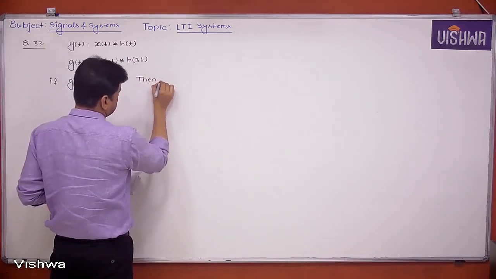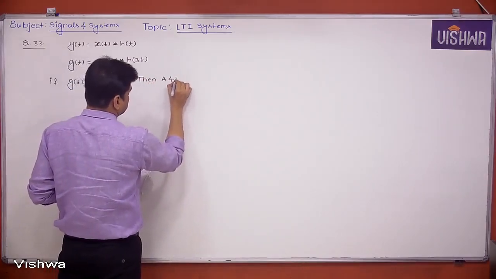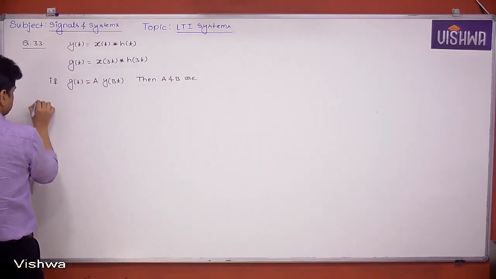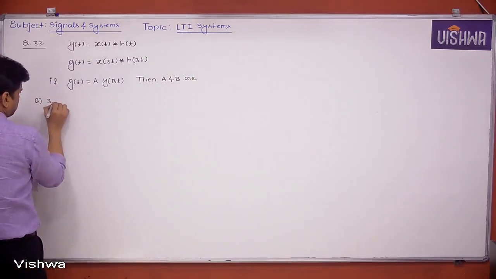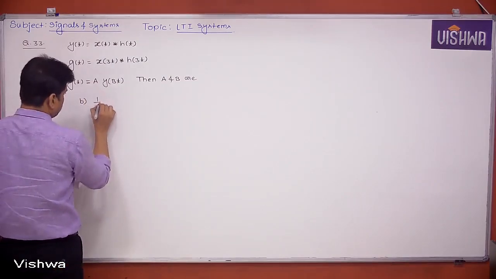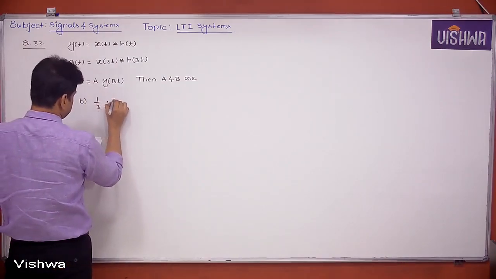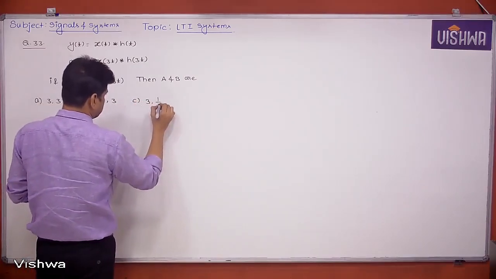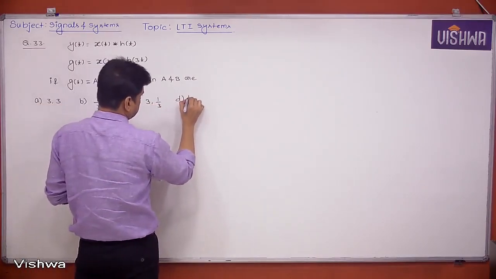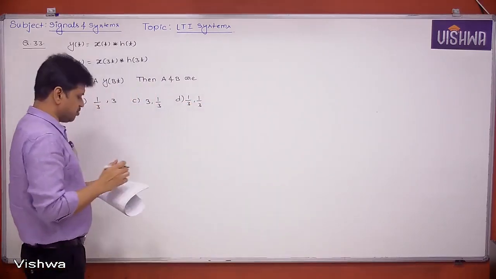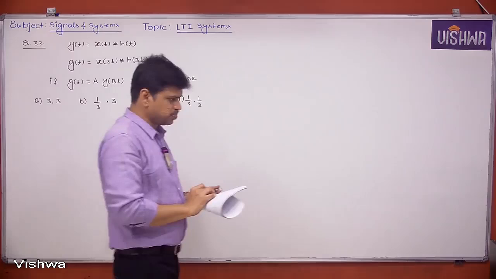The options are given like this: option A, 3, 3; option B, 1 by 3, 3; option C, 3, 1 by 3; option D, 1 by 3, 1 by 3. If you observe carefully, which one is the correct answer?